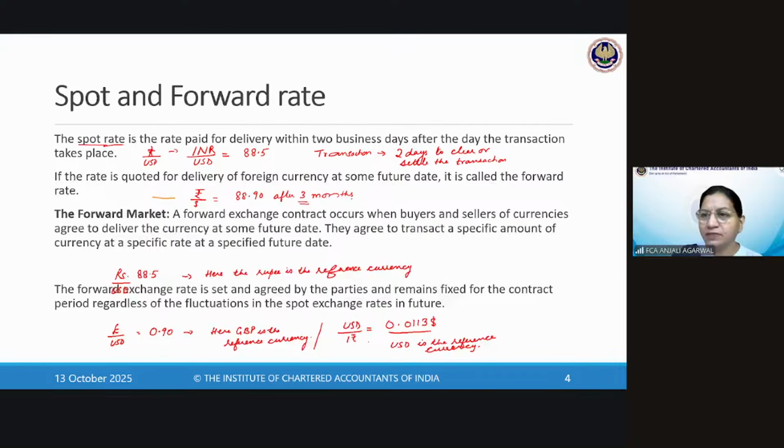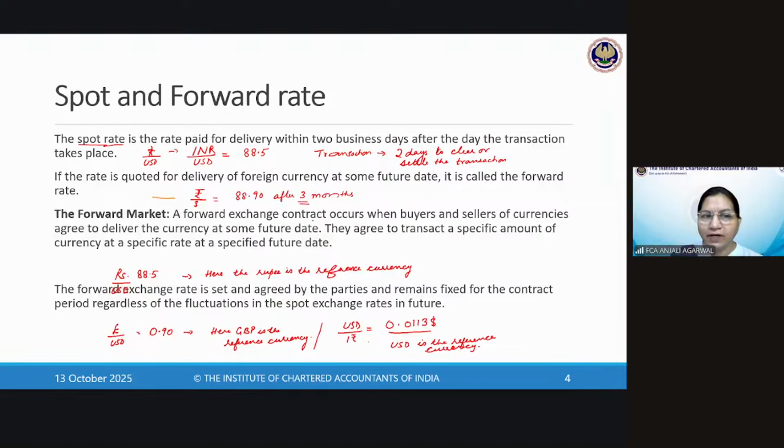If it is 180 days, the forward price is for 6 months. Here it will be specified which currencies are being exchanged, and at which price the amount will be available after a certain specified period.